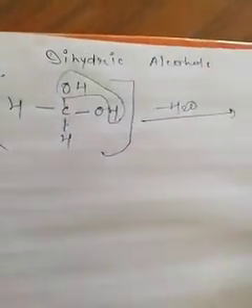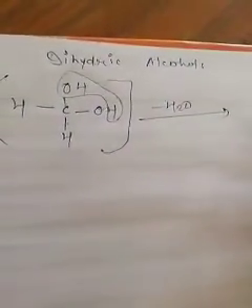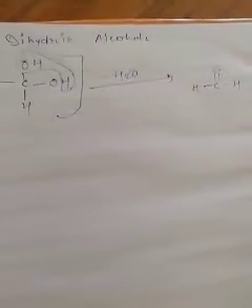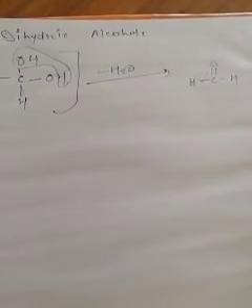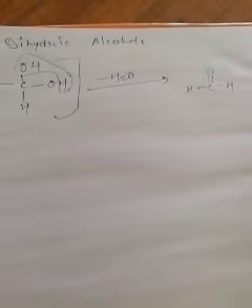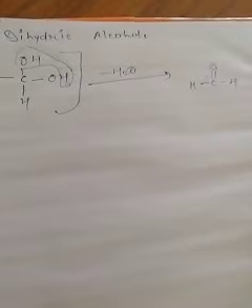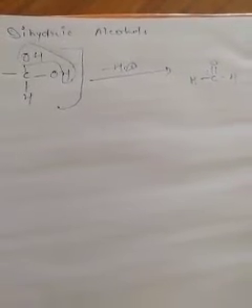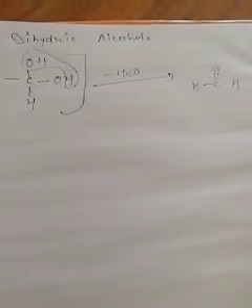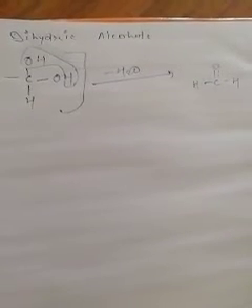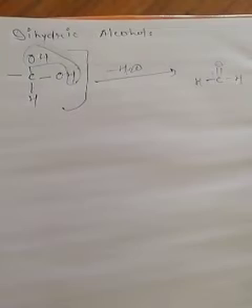So the water molecule is removed, and what we get is this compound, which is an aldehyde. Therefore, whenever two hydroxyl groups are present on the same carbon atom, it is never stable and moves towards stability to form an aldehyde. Therefore, the stable dihydric alcohols are only those having two hydroxyl groups present on different carbon atoms.